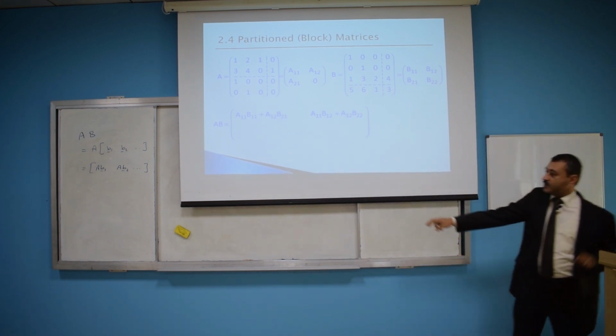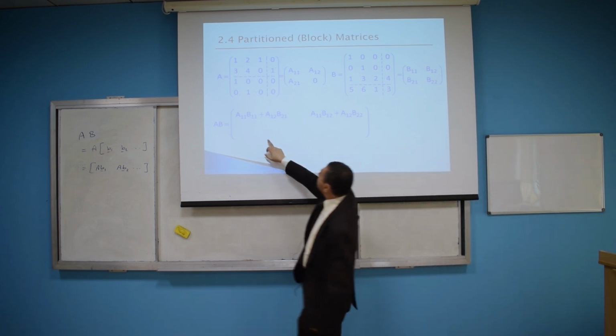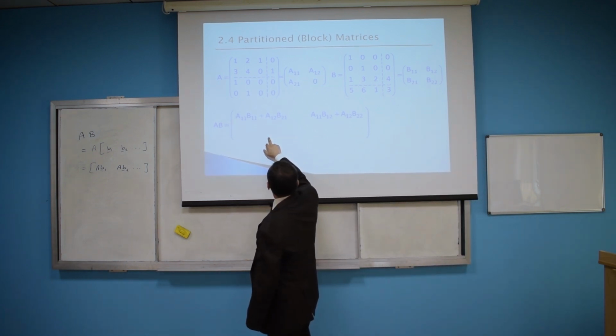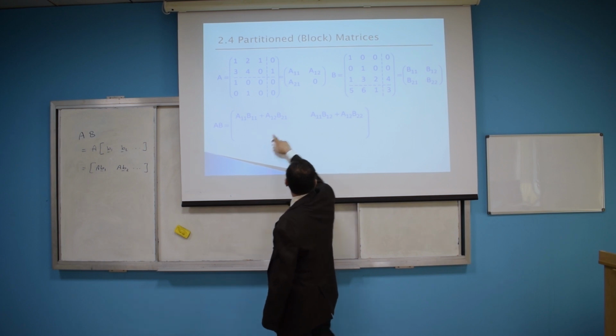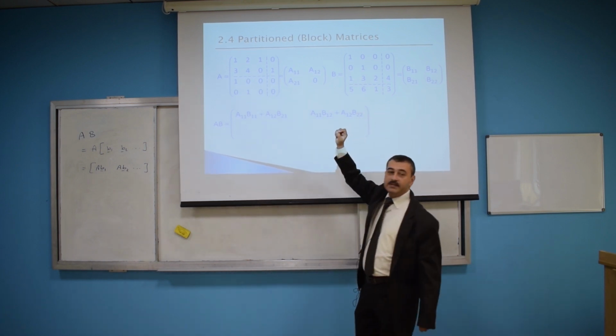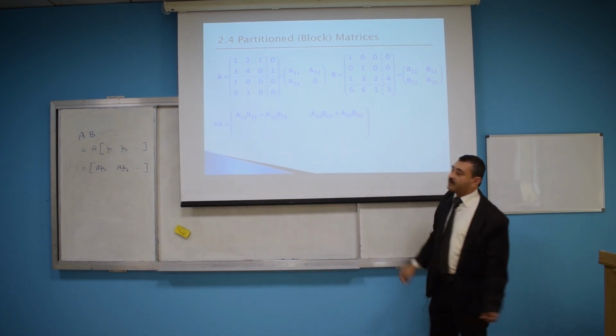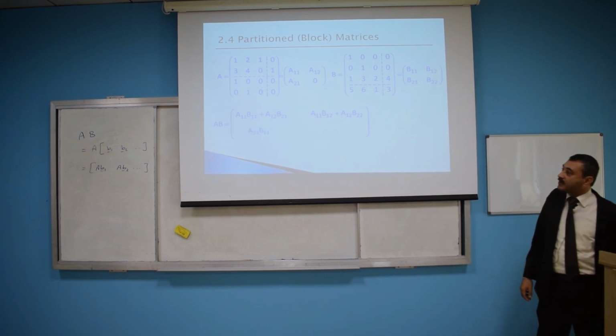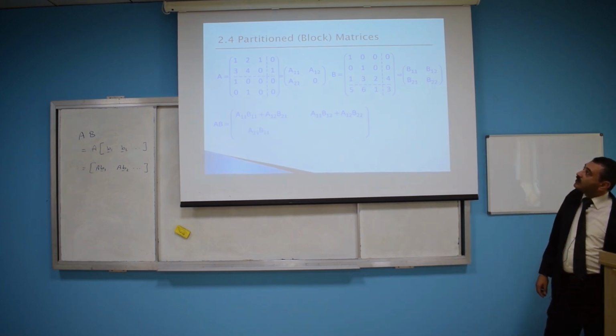What about this guy? It would be A21, B11, right? And the last entry or last block would be A21, B12 plus A22, B22.